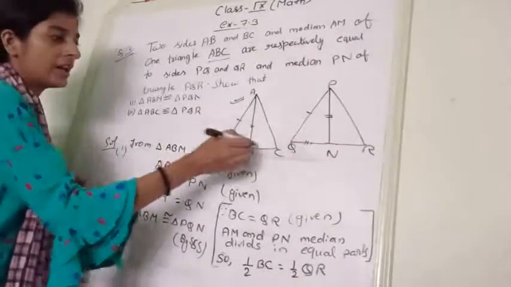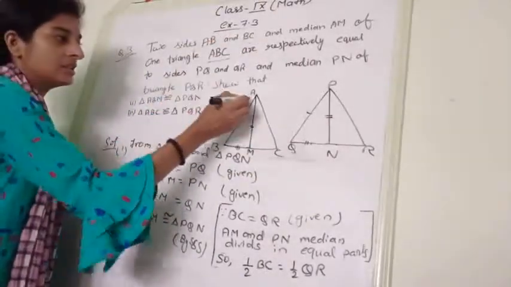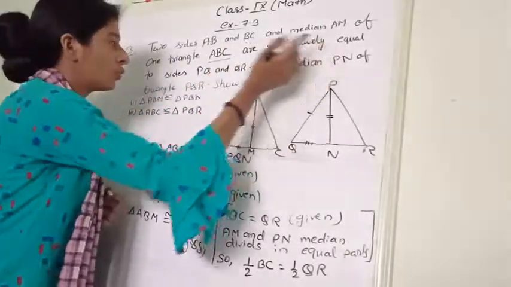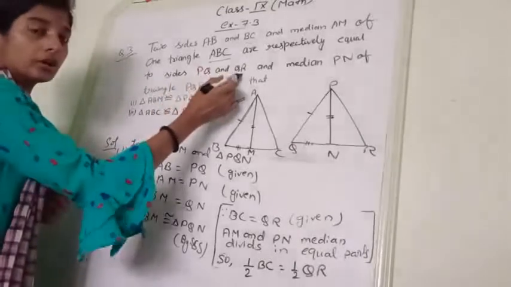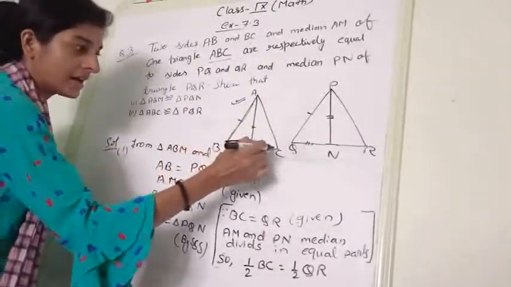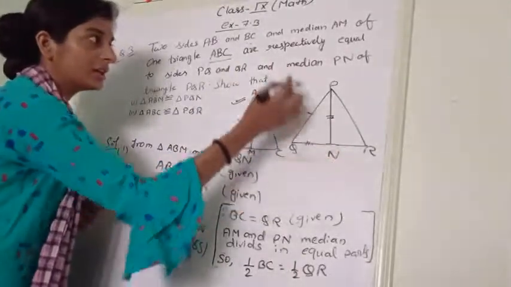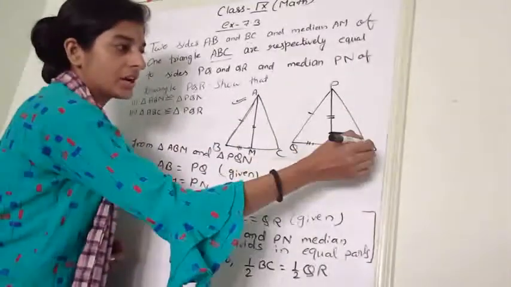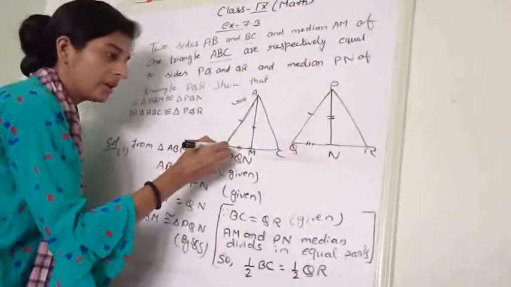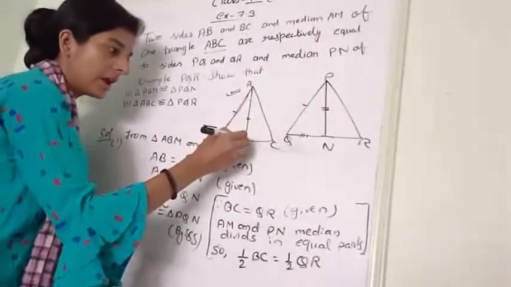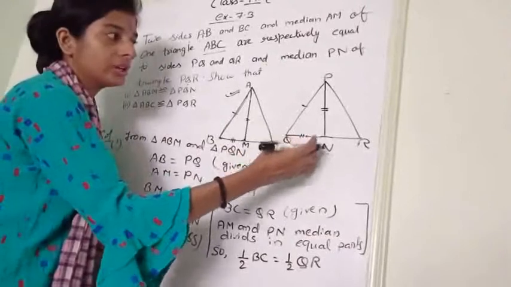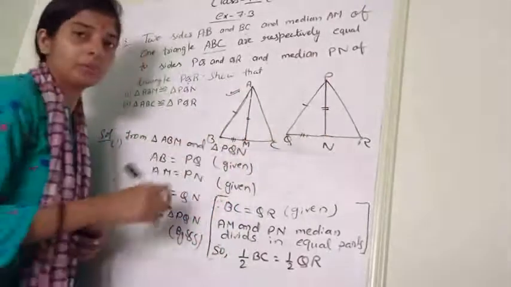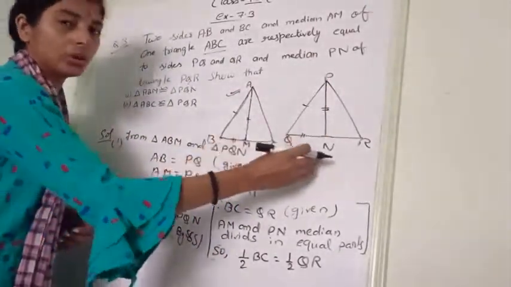From triangle ABC, the sides AB and BC are respectively equal to sides PQ and QR of another triangle, and the median AM is equal to the median PN of triangle PQR. So these sides are equal to the sides of this triangle.